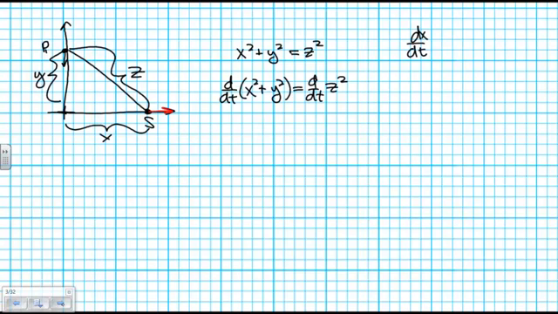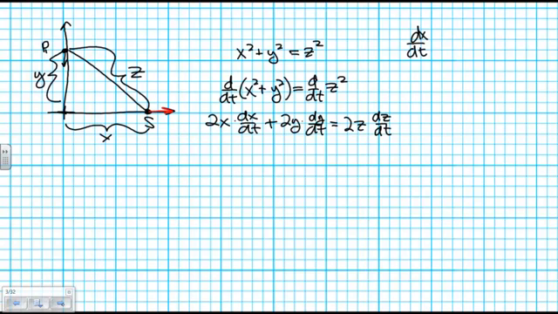So how does that derivative look? The derivative of x squared with respect to t, 2x dx/dt. The derivative of y squared with respect to t, 2y dy/dt. The derivative of z squared with respect to t, 2z dz/dt.